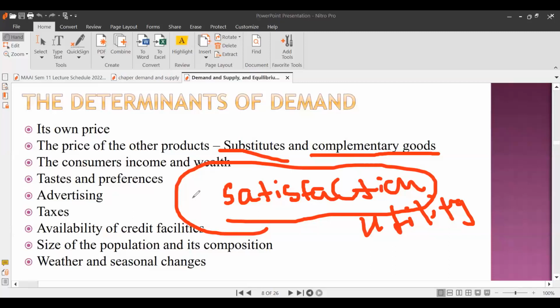Otherwise you cannot use the particular commodity. Those goods we identify as complementary goods.